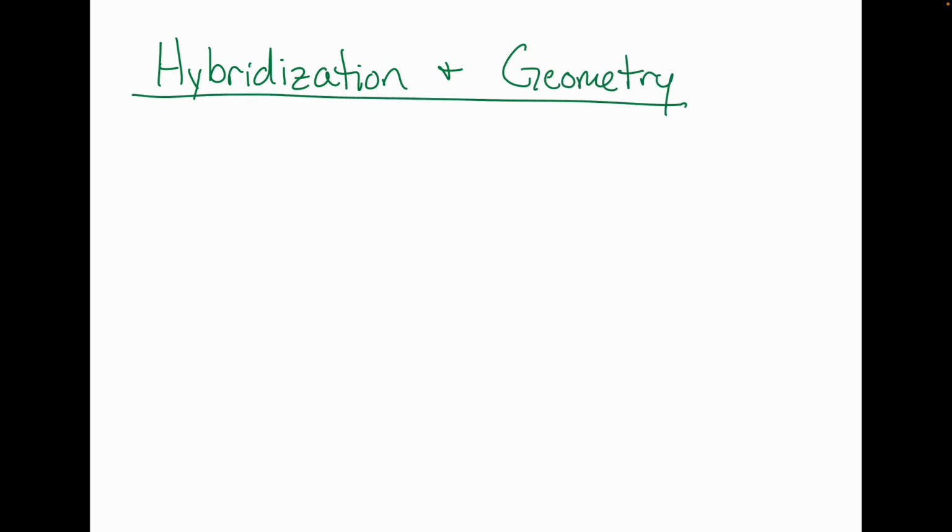So we're going to move on now to things that we should be able to interpret from these bond line structures. What's called hybridization and related geometry. Okay?